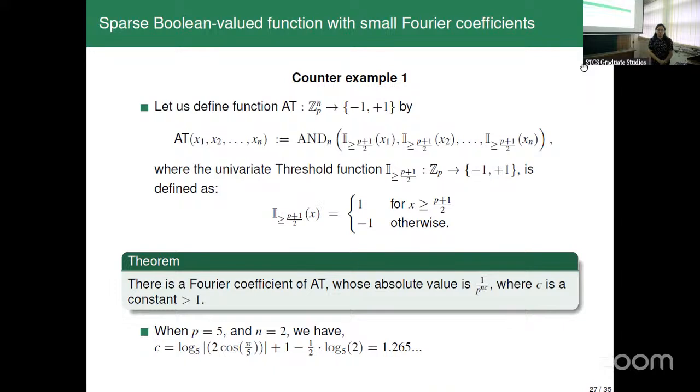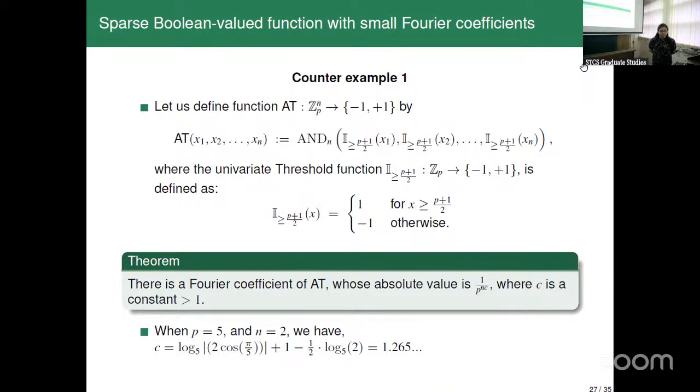No, it should be 1 plus something which is less than this. Less than 1.26. But for finite p, it is always more than 1.